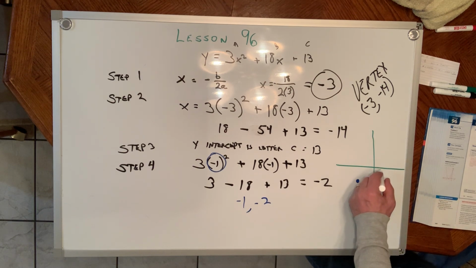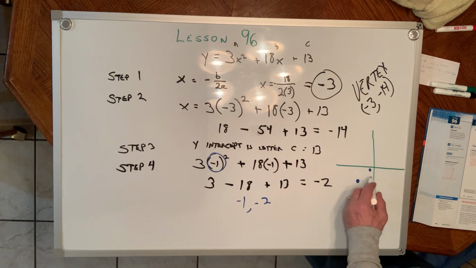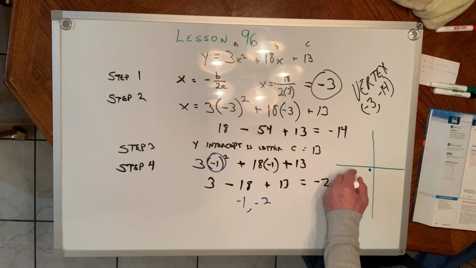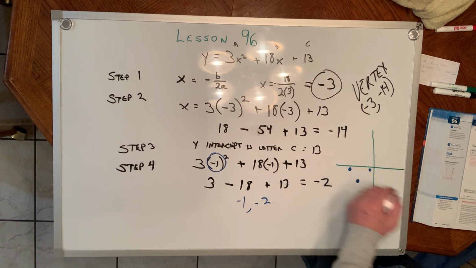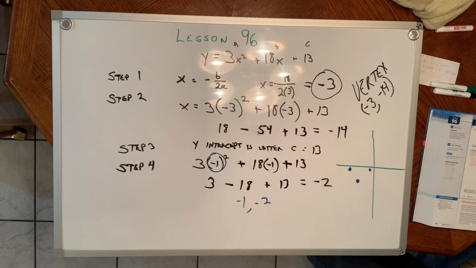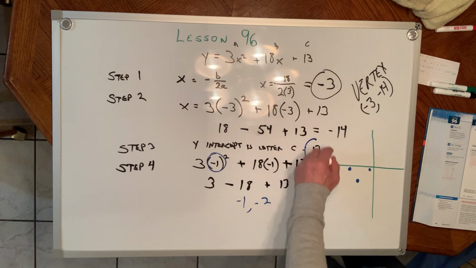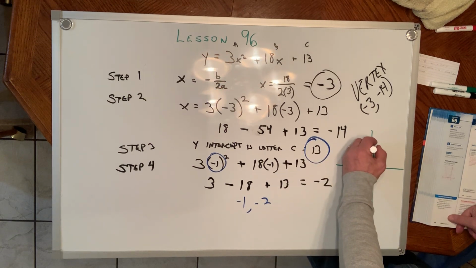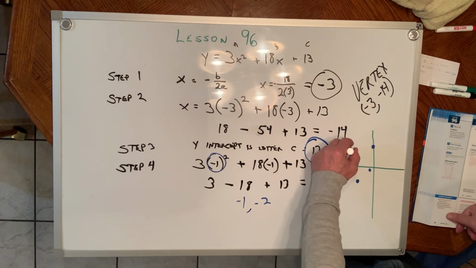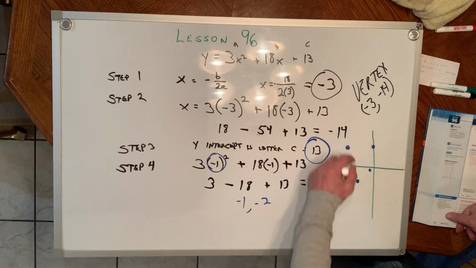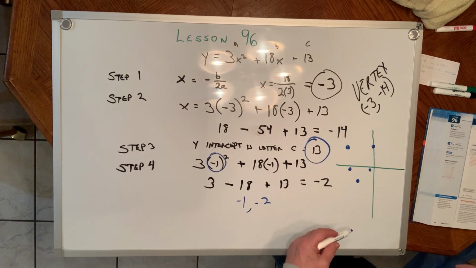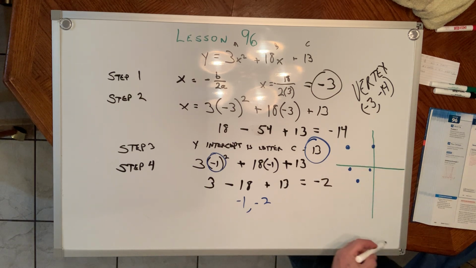So that's going to be back 1, down a couple, right to here. If we check our symmetry, we should get one right over here as well. And where does it cross the y-axis? Well, we did that right here. That's going to be all the way up here at 13, and there should be one on the other side that looks just like it. You guys know the old story. Your parents always tell you, I brought you into this world, I'll take you out, make another one just like you. There's the perfect example of that.